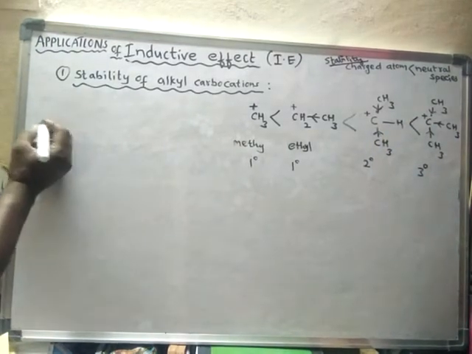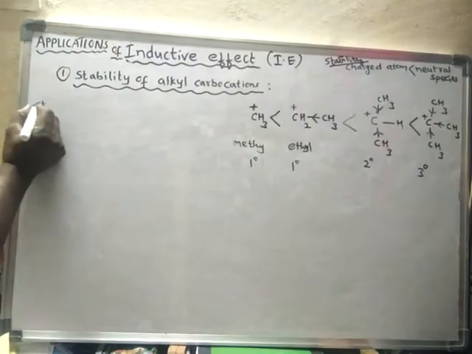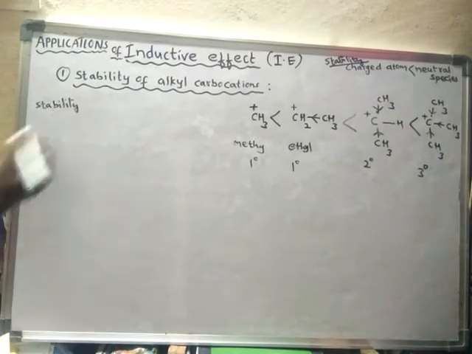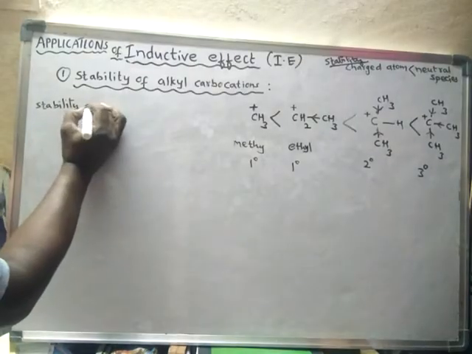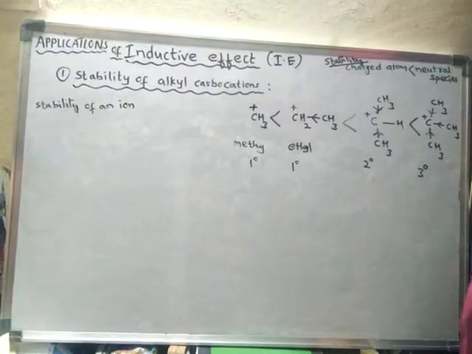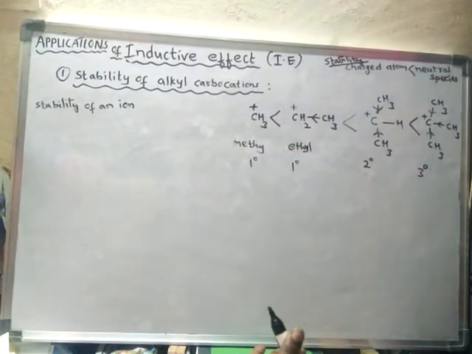So I'll write that point. Stability of an ion, whether cation or anion. Here we are discussing cations, but even for an anion, a charged anion is somewhat less stable than the neutral atom.